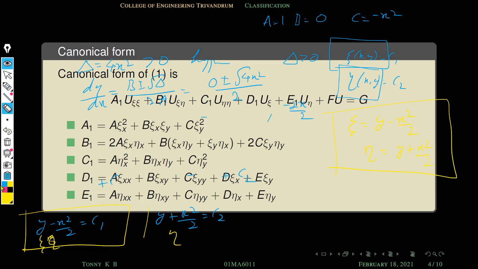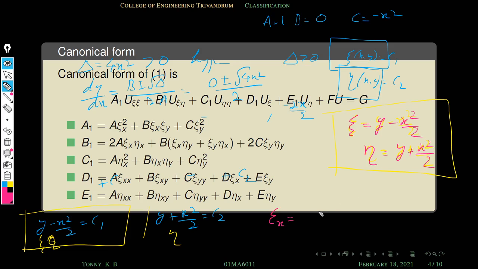So actually here our psi is equal to y minus x square by 2 and eta equal to y plus x square by 2. To find a1, b1, c1, d1, e1, we have to find all the derivatives of psi and eta. So what is psi x?